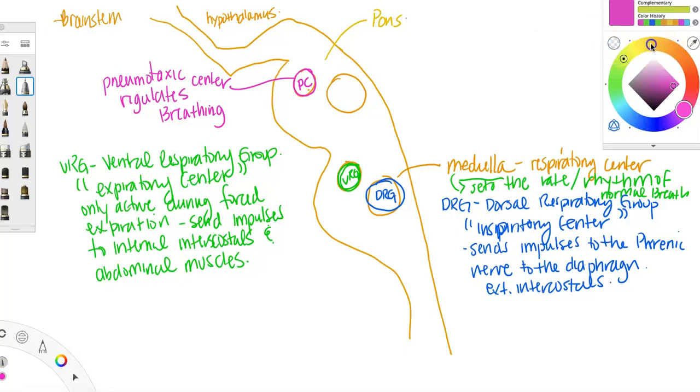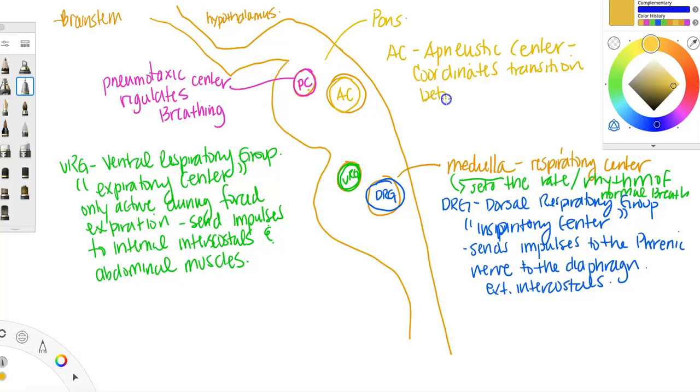Okay, this other one is called the AC, or the apneustic center. And this thing coordinates transition between inhalation and exhalation. Coordinates the transition between the inhale and the exhale.